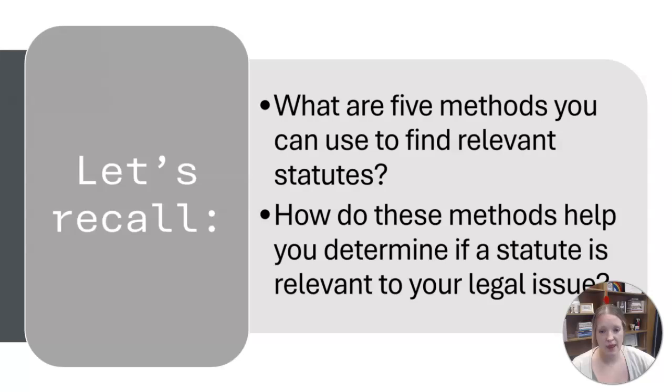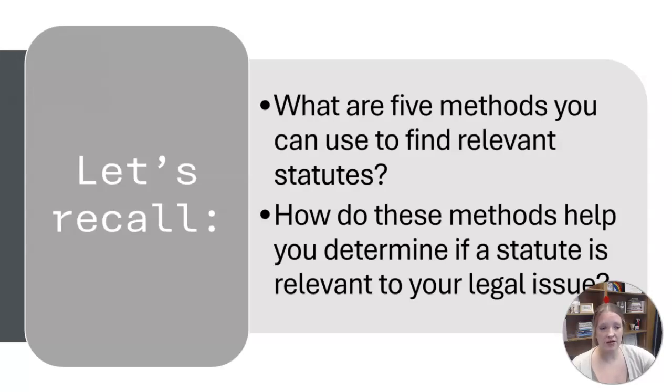find statutes. The first thing we talked about was by citation, which is the easiest way, right? How would you have a citation? You would have looked to step 2, to your secondary sources to get a relevant citation that you can work from. You could also use the popular name table.